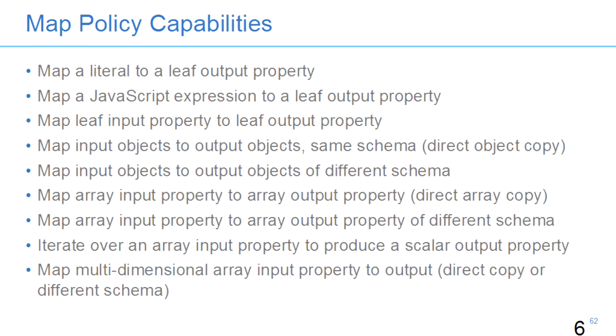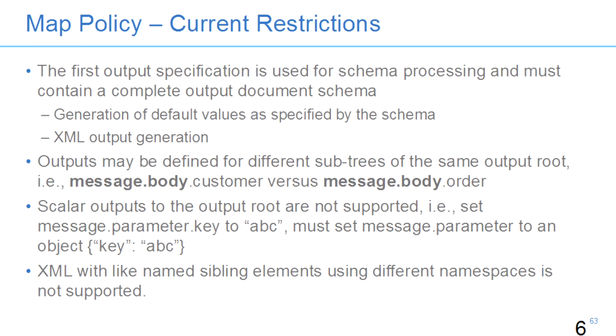And then there is multidimensional array support. So if your input happens to have a multidimensional array, you can either directly copy it across, or again you can create each portion of the output array, and each portion would therefore have a potentially different schema. So it's a very powerful capability to do this type of transformation.